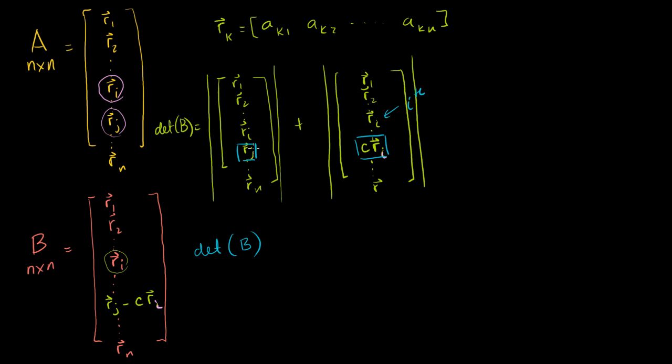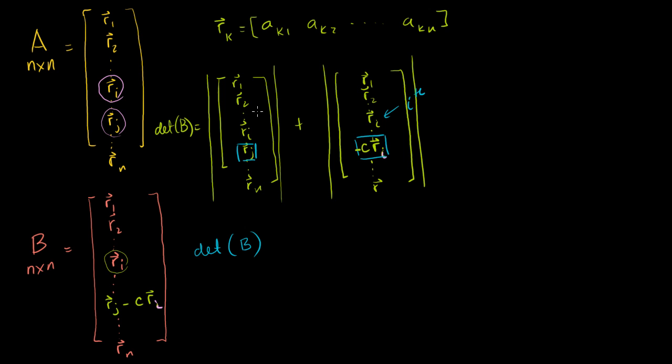Now, if you have another matrix that is essentially identical to these two matrices, except for this one row, and in that one row it looks like the addition of these two rows, and let me put a negative here, so if you kept this matrix completely identical, but replaced that row with the sum of these two rows, Rj minus C times Ri, you'll get matrix B. And we learned that the determinant of B is equal to the determinant of this guy and that guy.